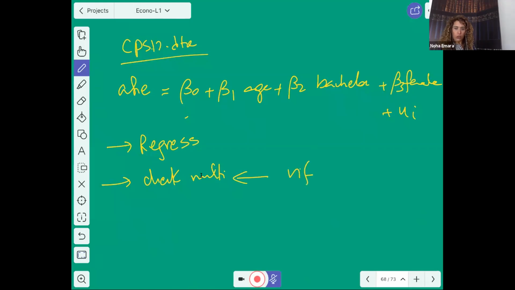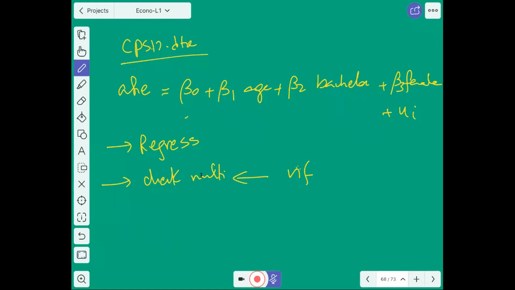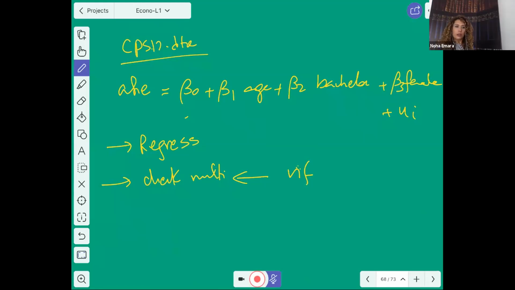Once you're done, you just stop me, and then we can share the numbers. I'm going to show it to you on my computer, making sure that we are all on the same page.